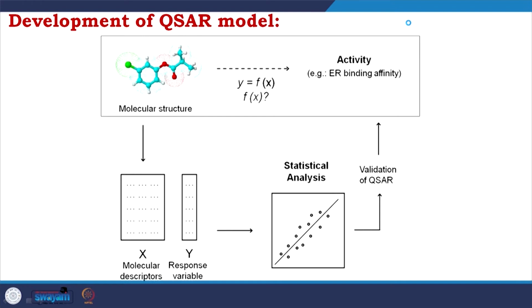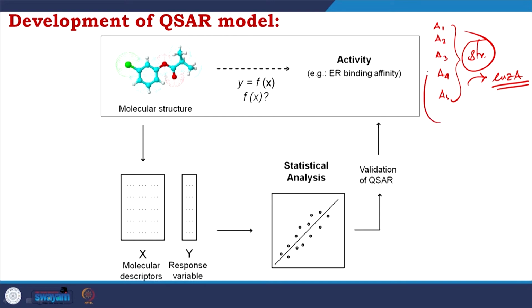So, you have molecules A1, A2, A3, A4, A5, you know their structures and you know their binding affinity towards enzyme A. So, you have the molecular descriptors describing the chemical property of this group of compounds, and then there would be the binding affinity.